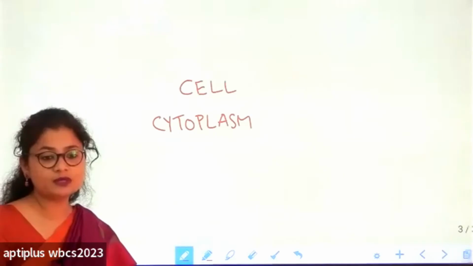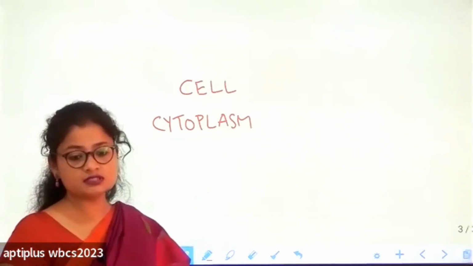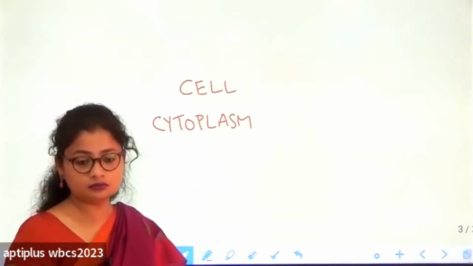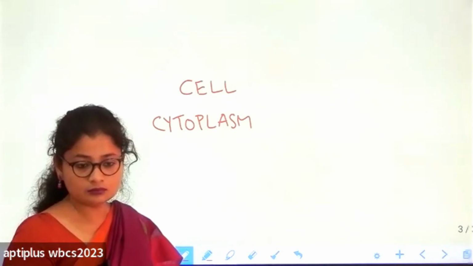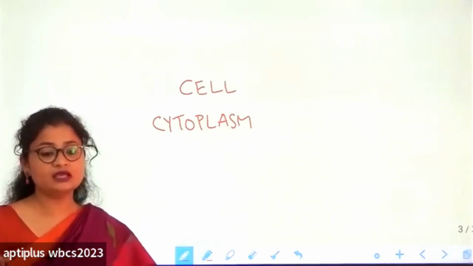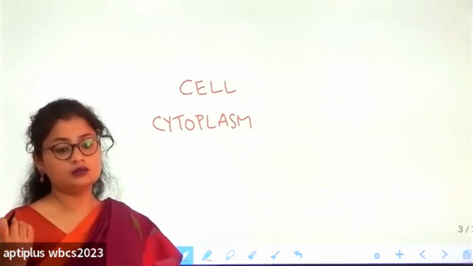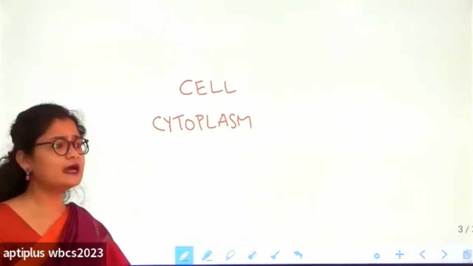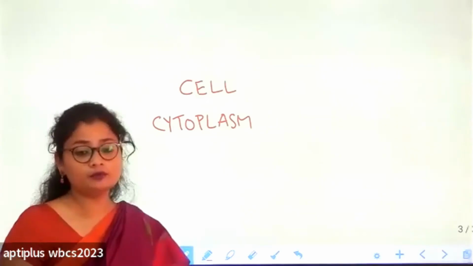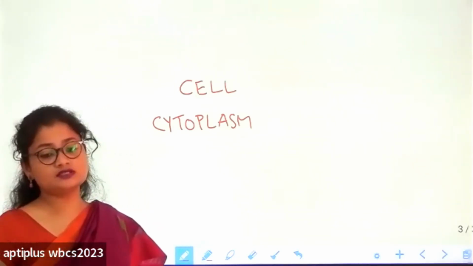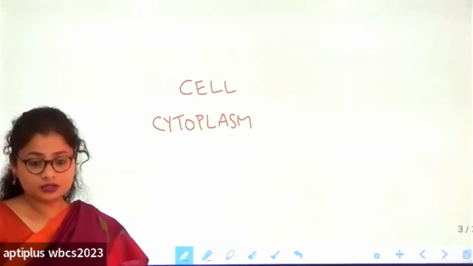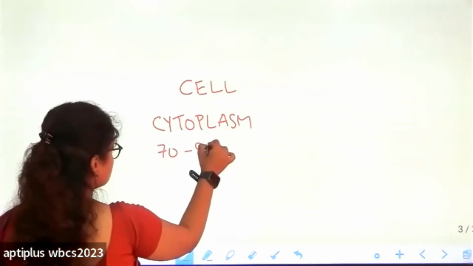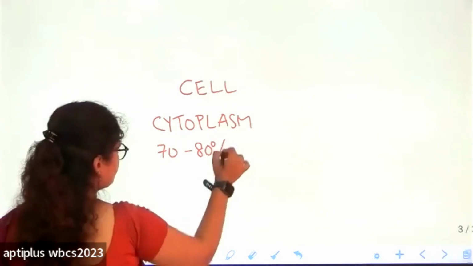So the cytoplasm will mainly consist of the fluid or the matrix portion, and some of the main components present in the cytoplasm will include, obviously, water. About 70 to 80% will be water.